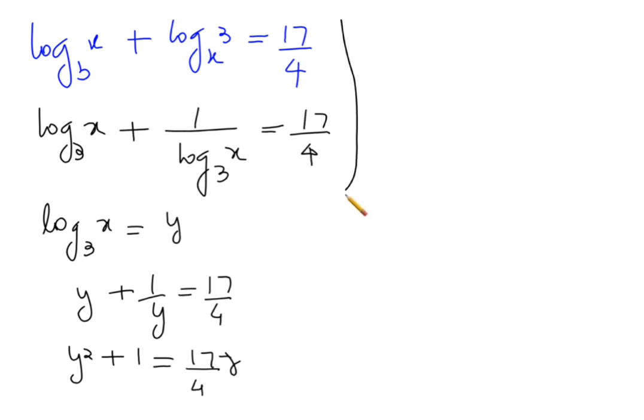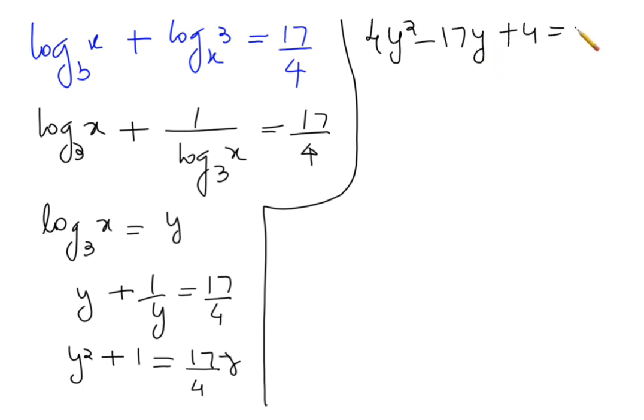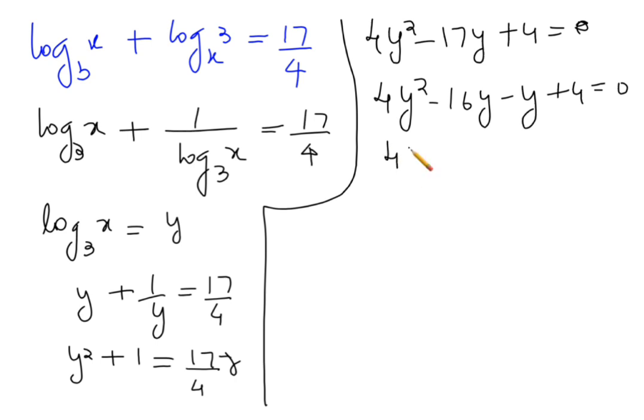So which then comes out to be 4y square minus 17y plus 4 equals to 0. Okay, when you factorize this, it can be written as 4y square minus 16y minus y plus 4 equals to 0.